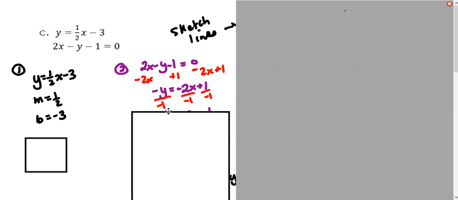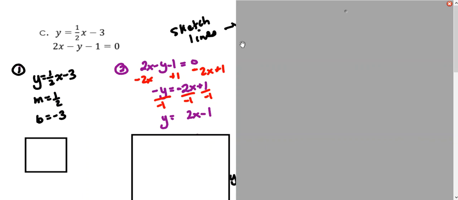All right, and then I had to divide by -1 to get rid of that negative sign in front of the y, and that's why I end up there. So before I show you the graphs, you might think to yourself, those are perpendicular lines. Well, if I look at this, for them to be perpendicular lines, they have to be negative reciprocals. Well, these are reciprocals, but they're not negative reciprocals.